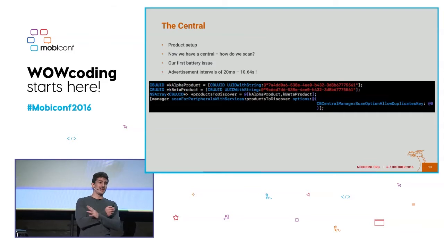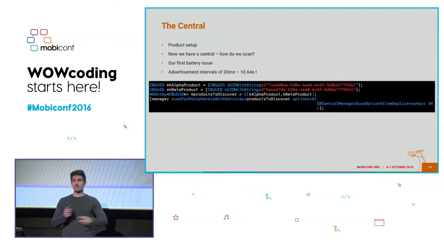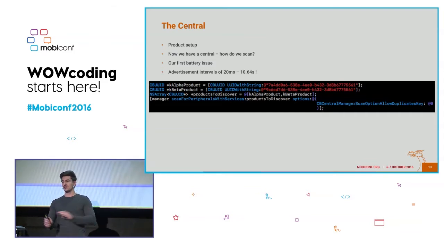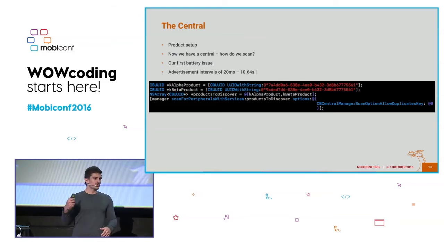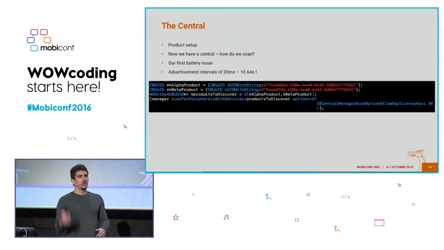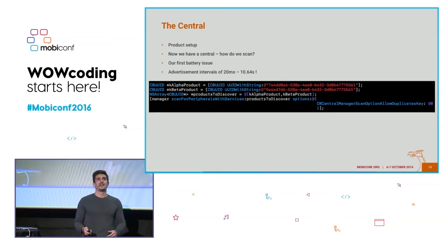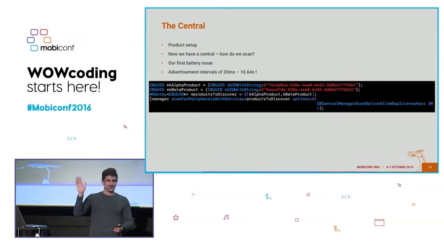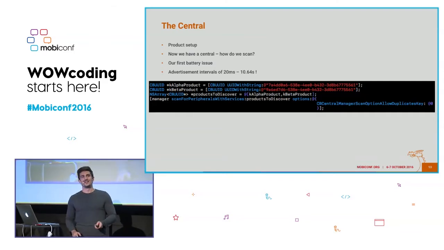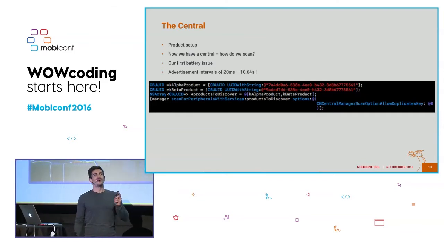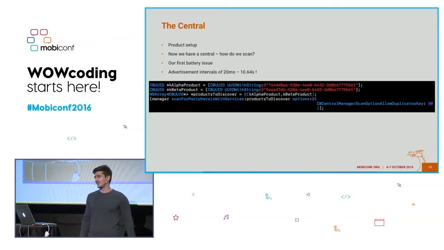You're searching for everything near you, no matter what it is, everything that has a Bluetooth advertisement mode. You're getting all these callbacks, and you're putting a lot of strain on the antenna that way, and your battery is going to go really quickly. So be mindful of that. And Apple will always remind you to be mindful of that.